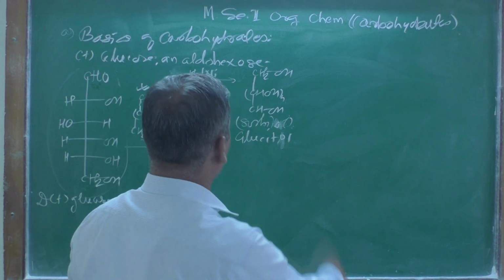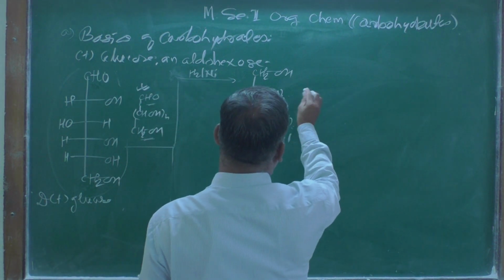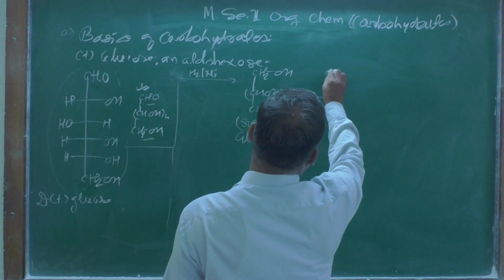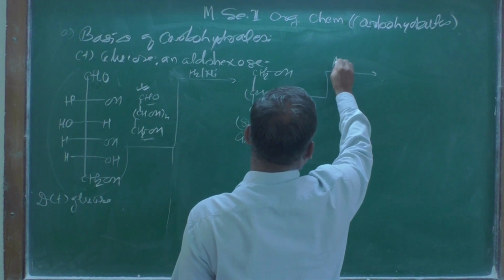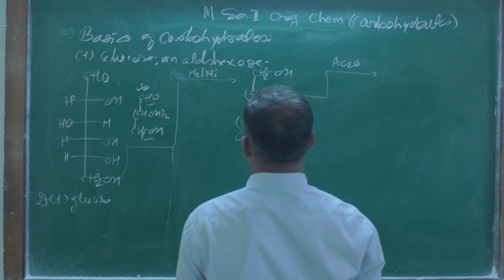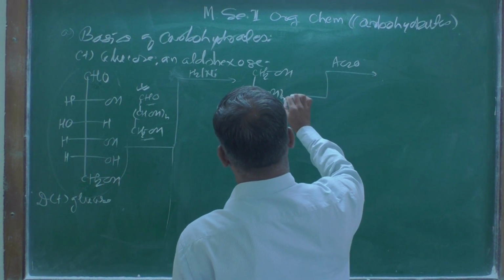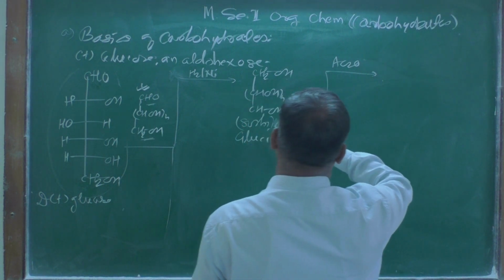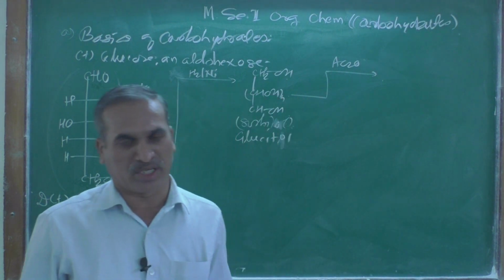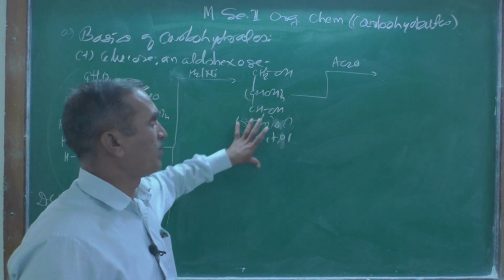Now when this compound is further treated with acetic anhydride, what will it give? There are 1, 2, 3, 4, 5 and 6 hydroxy groups present in that sorbitol.